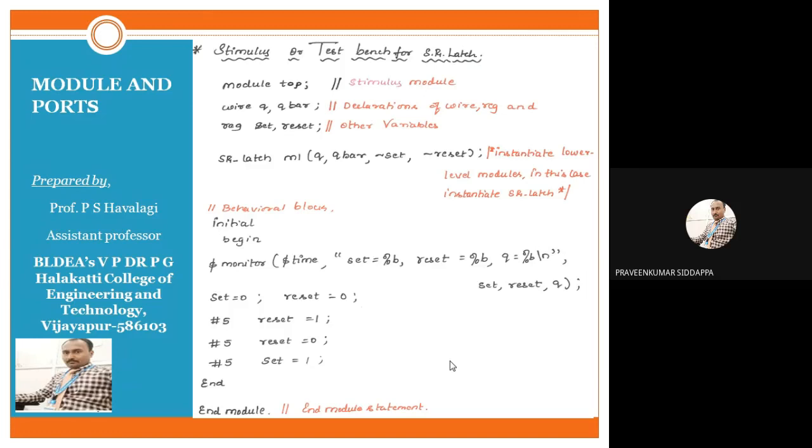Here, what we have initialized previously, we'll get the same thing for 0 time units. Whenever we are drawing the waveforms, you can check it. With respect to x, for initially 0 time units, both set and reset are 0, 0.